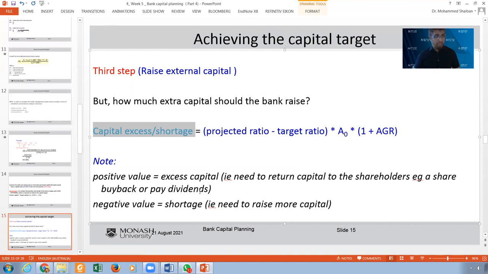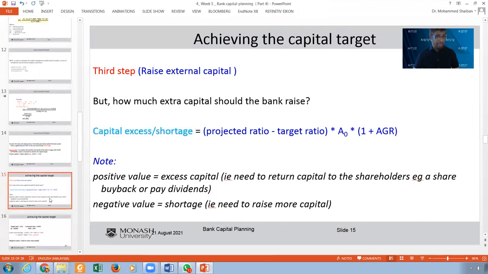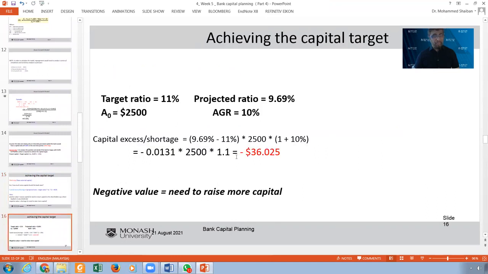If I calculate this one, as you know, if it is a positive value, as we said before, we have to get rid of the extra capital by payback or dividends. If it is a negative value, then I have to get it from somewhere else. Now let's calculate and see. And as we calculate, we can see that we are missing 36.25.